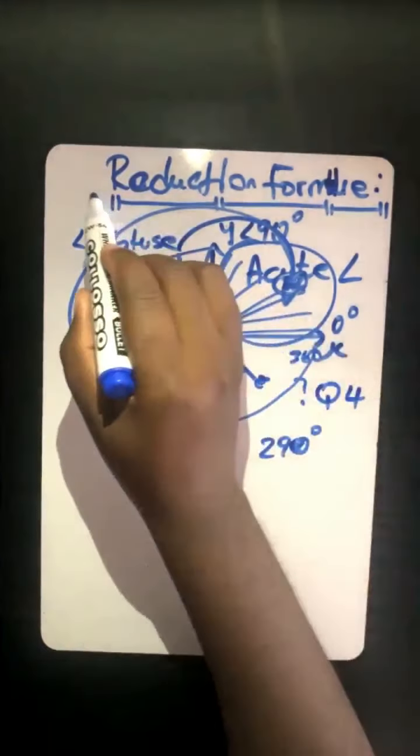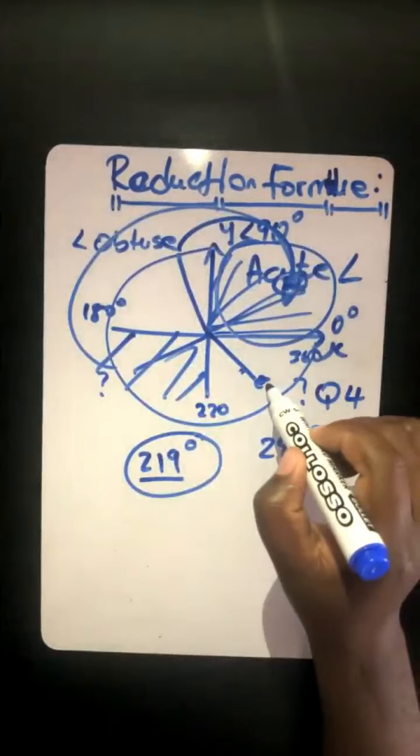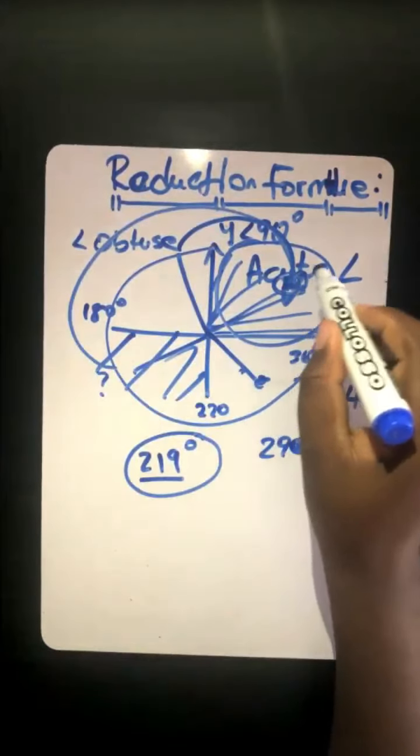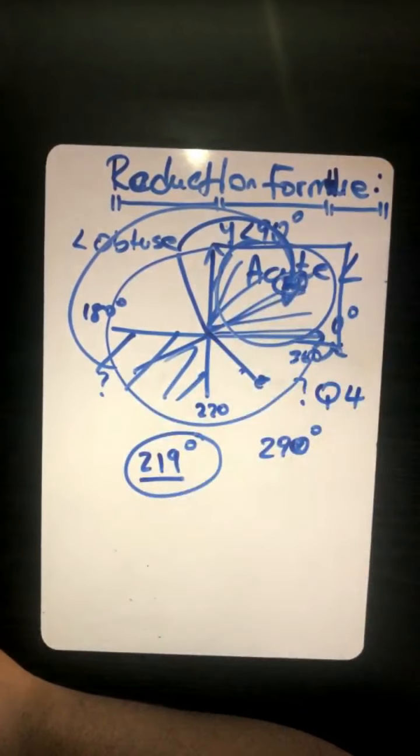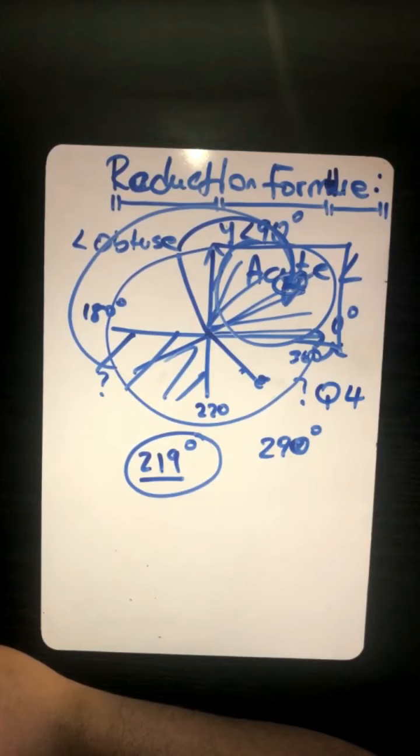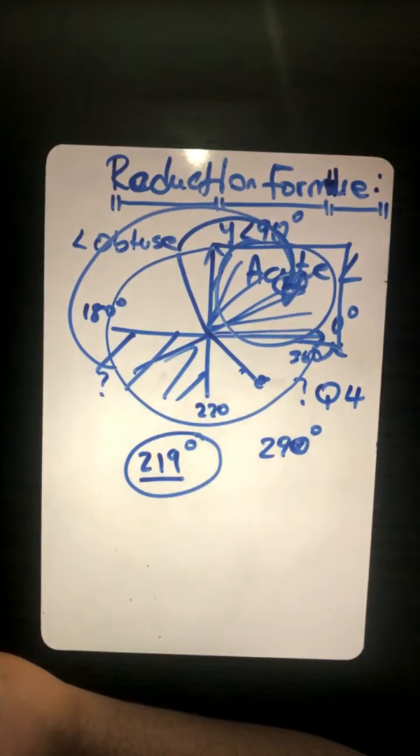So we use a reduction formula to reduce it to an angle which is less than 90 degrees, which falls into the first quadrant. So I'm going to just explain it for the first time: reduction formulae are used to reduce the trigonometric ratio of any angle to the trigonometric ratio of an acute angle. Guys, does that part make sense?